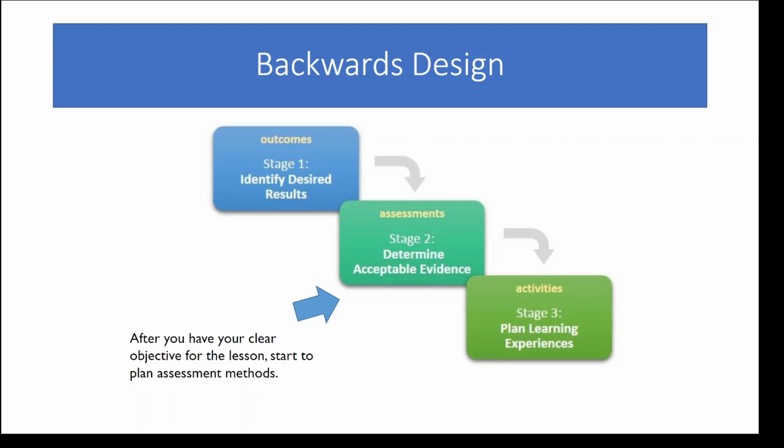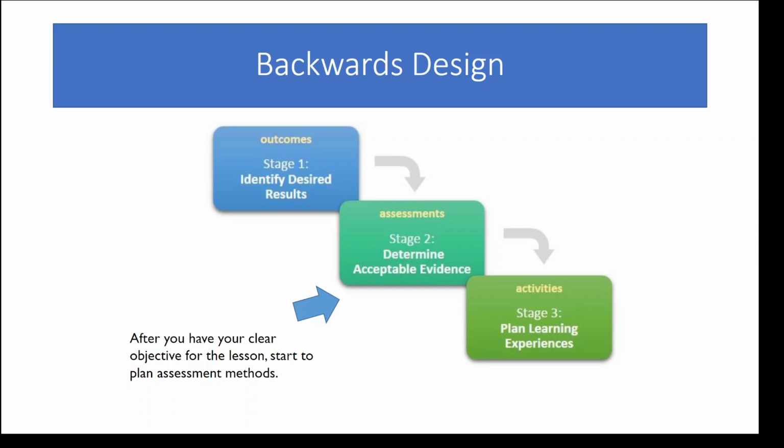So if that's my desired result, that they're going to be able to do this project, then I need to think hard about what things I have to do during the unit and what things I have to have them practice to get to where they can actually do that independently or with a little help, right?